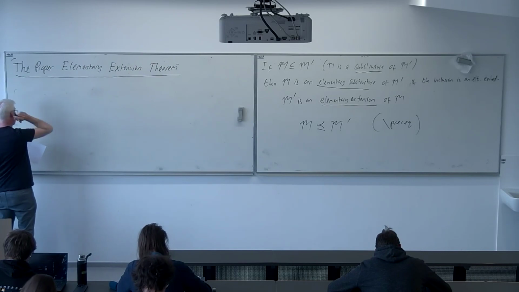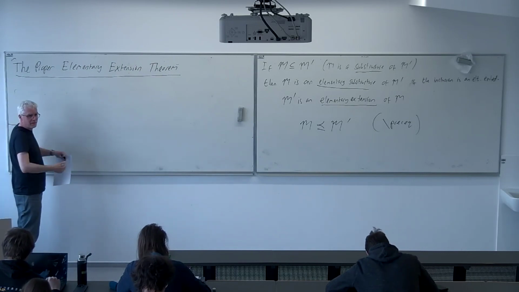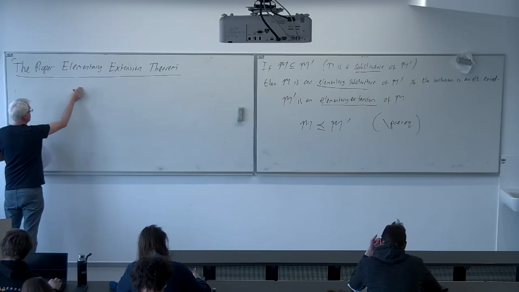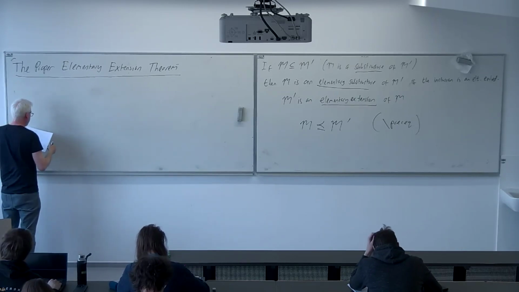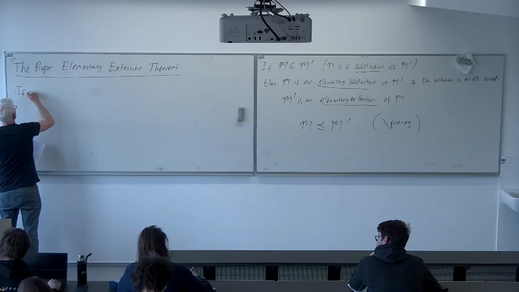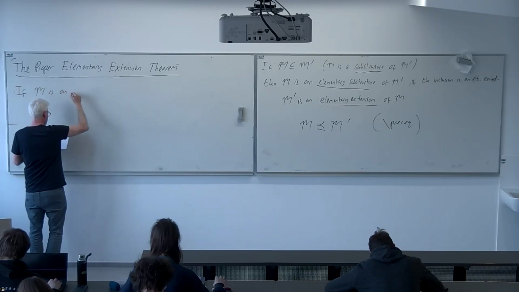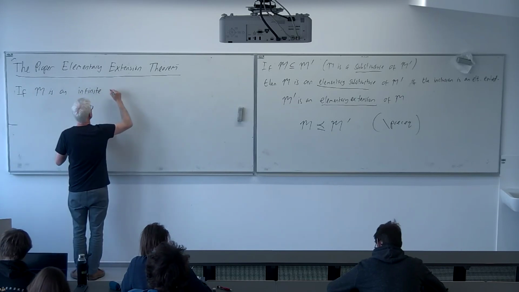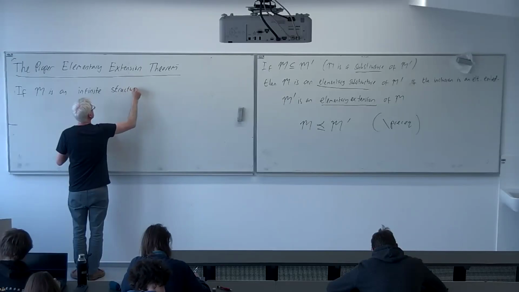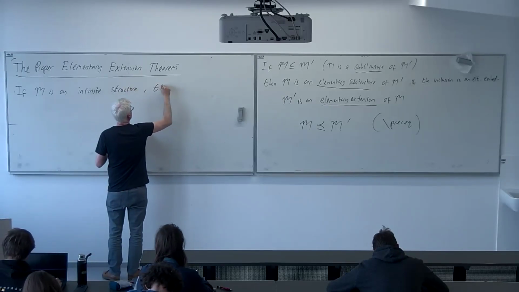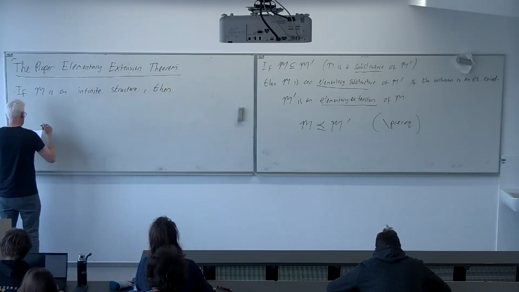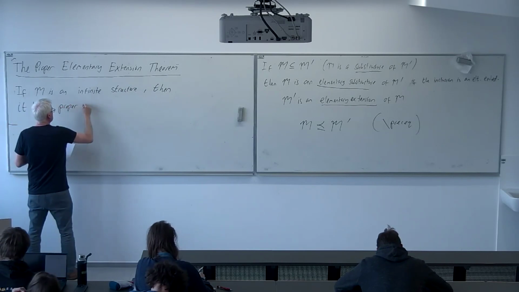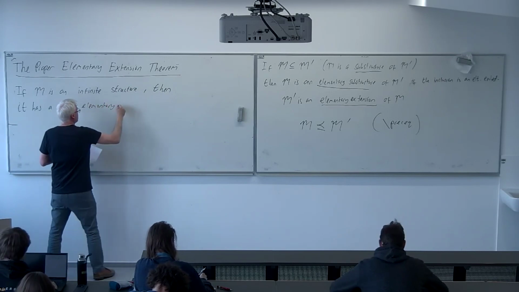This says that, I said we can't expand a finite structure, but if we have an infinite structure, we always can make a larger structure to elementarily embed it in. So the theorem says if M is an infinite structure, then it has a proper elementary extension.